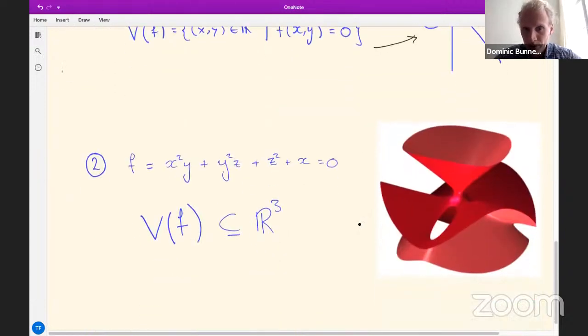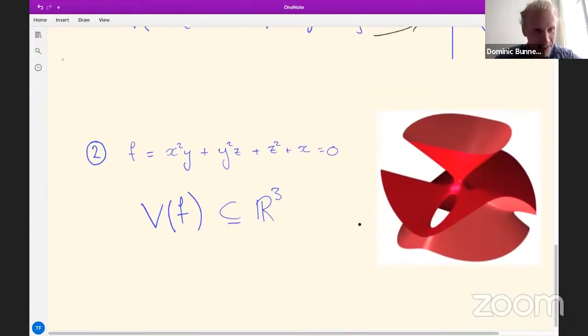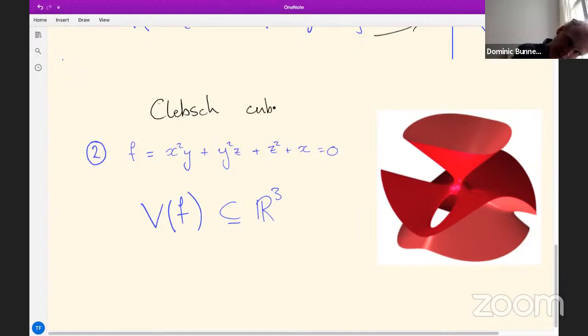A slightly more involved, more beautiful standard example here is, I hope, the Clebsch cubic. This surface has a name, and it's the vanishing locus of this polynomial in three variables. Since it's in three variables, it forms a locus inside R^3.